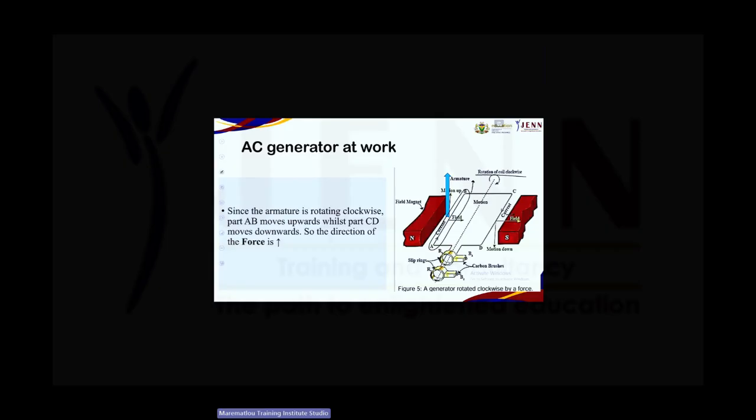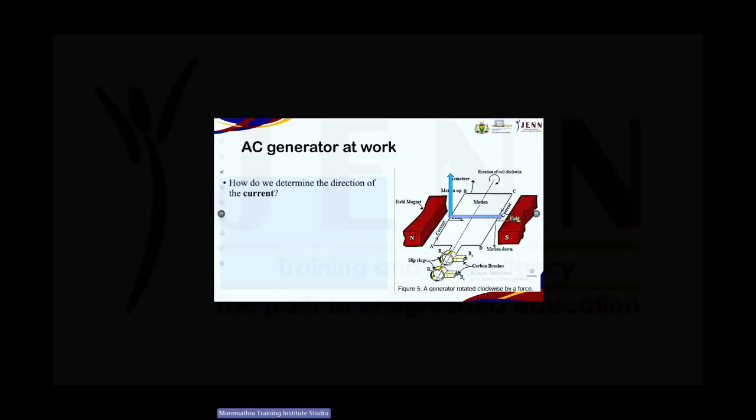Now, if we look at our generators, can you see here, I have my magnetic field. So remember, we're always going to show from north to south. And then if we look at the current, here in this one, how do we determine the direction of the current?